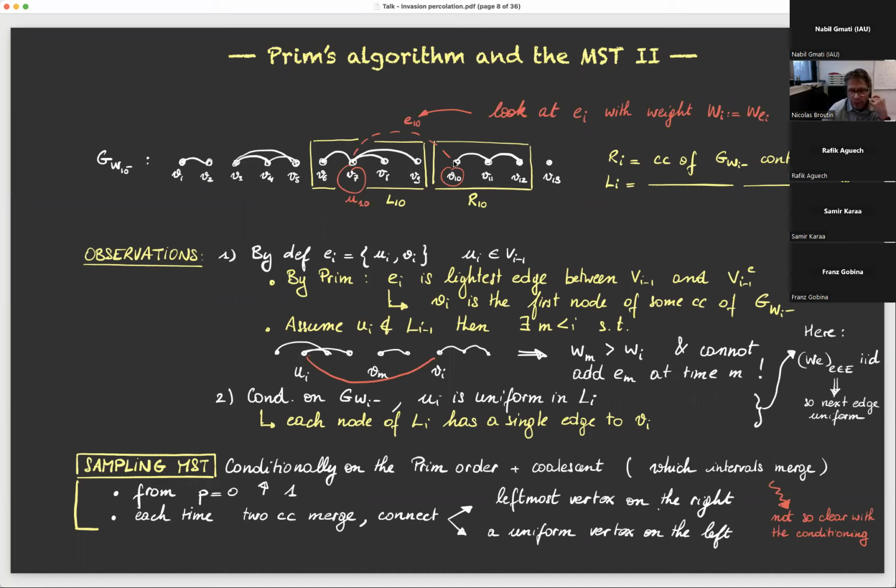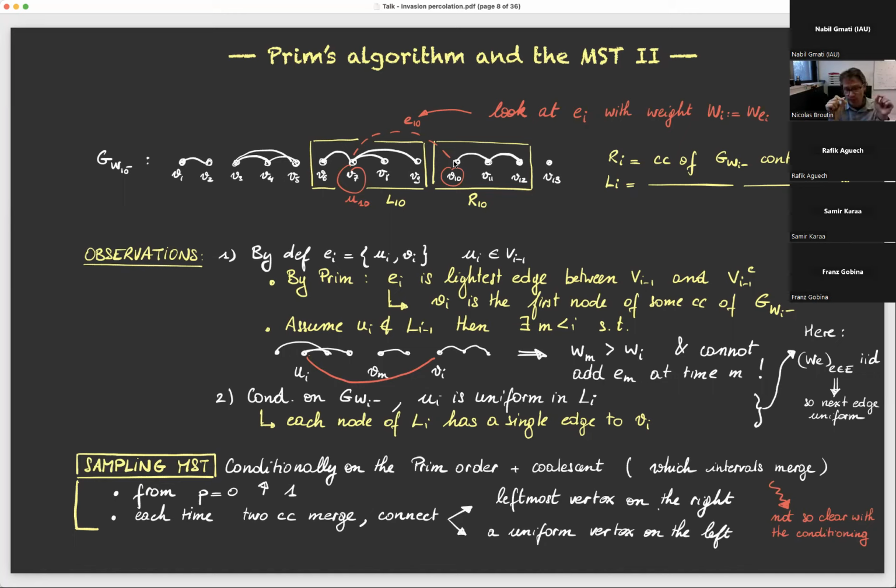So if I give you the Prim order, V1, V2, Vn, and I tell you the coalescent, I tell you exactly which intervals merge at which time. The problem is that that is actually difficult to figure out, but well, assume we know this. If you know this, then each time two connected components merge, you can exactly construct something with the right distribution by connecting the leftmost vertex on the right to a uniform vertex on the left.